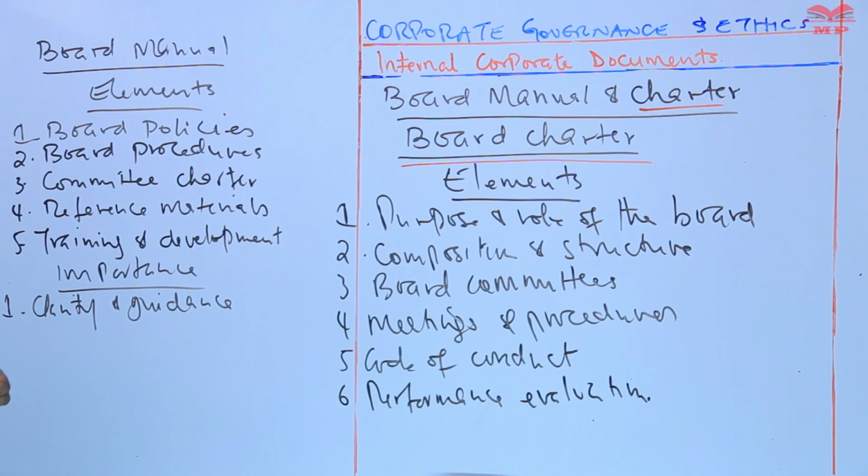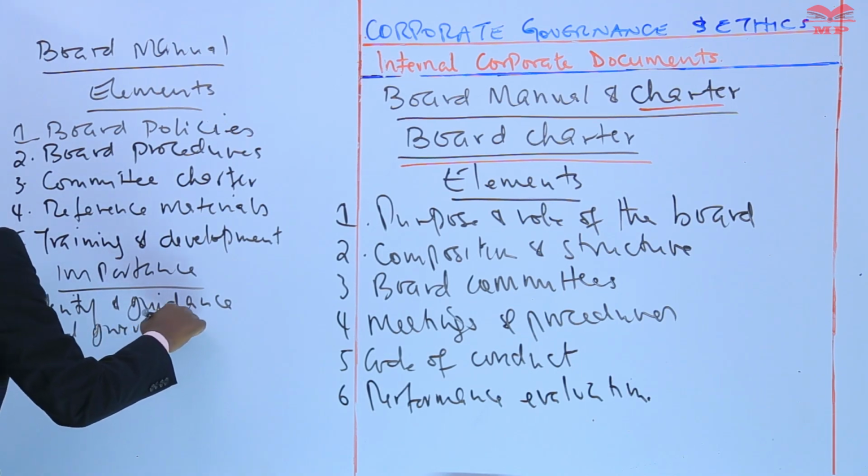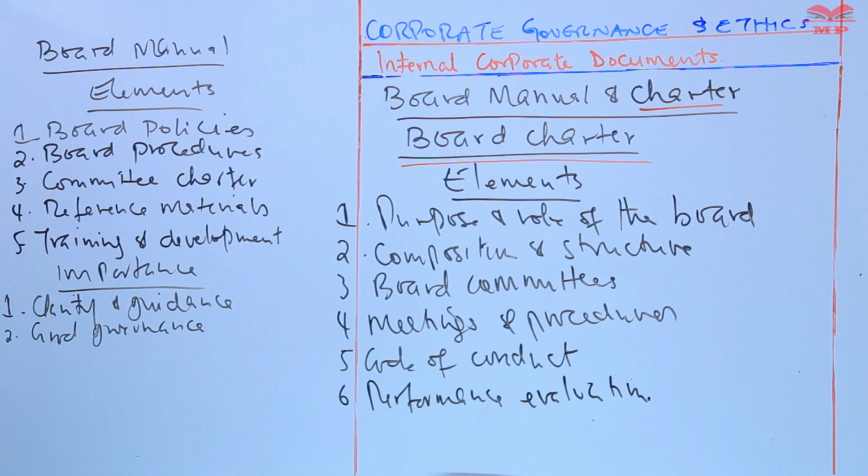They provide clarity and guidance to board members on their roles and responsibilities, ensuring a consistent and effective approach to governance. Number 2, good governance. These two promote good corporate governance practices, enhancing the company's reputation and credibility.